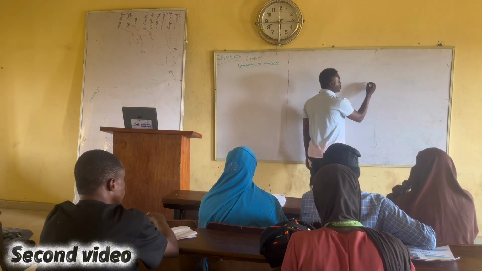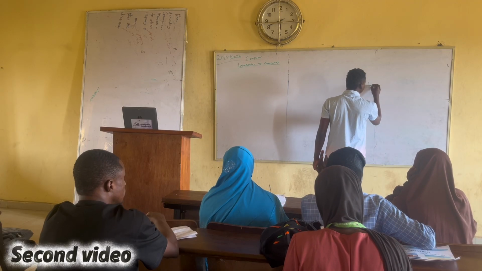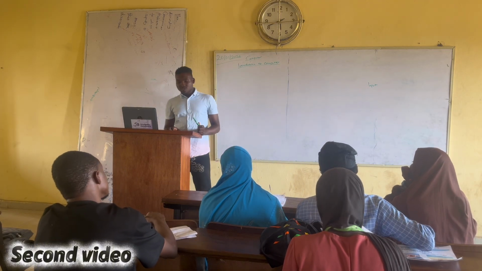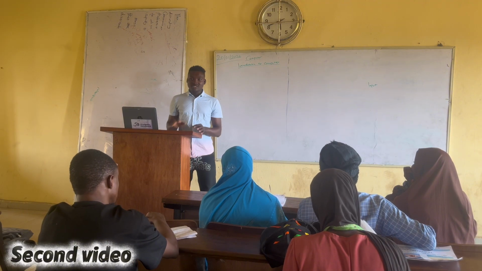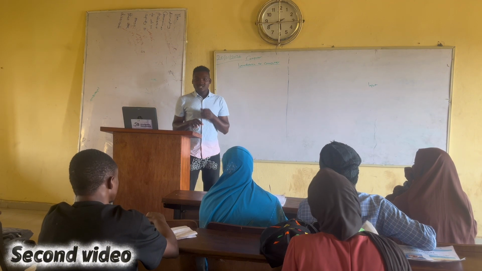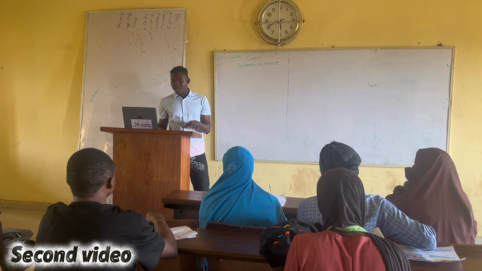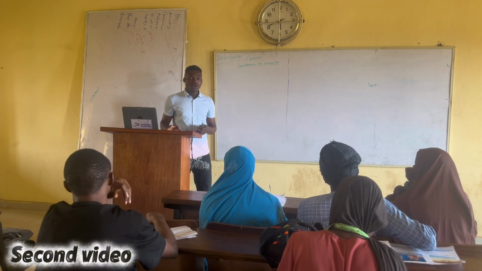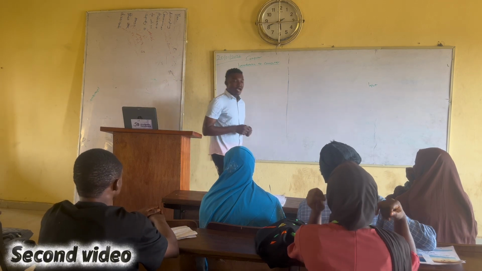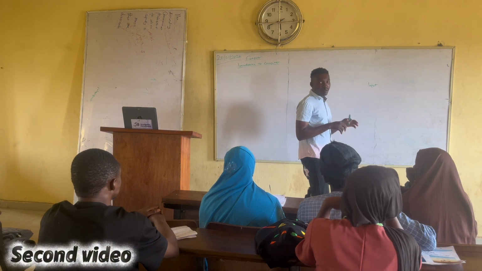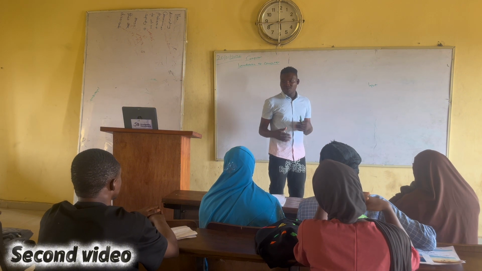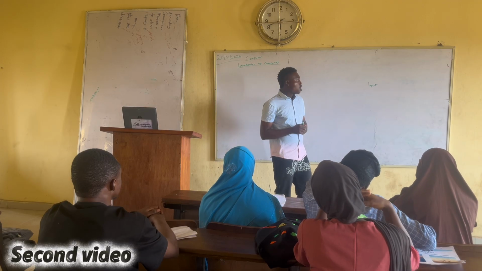Say after me please. Computer is an electronic device which takes inputs. So this input is the data that you enter on your computer. You enter this data and it processes it, and that processing is what we call the programming stage. It processes it first before it brings out output.